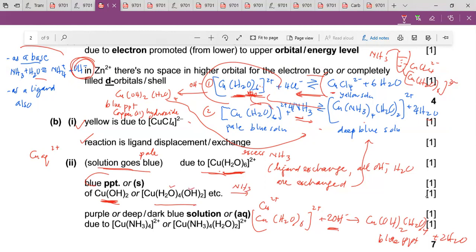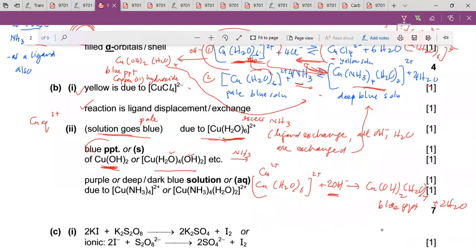So the final stage is it will go right into here, to give you your deep blue solution of this complex. With or without water, it's still deep blue. With water is better. Octahedral, 6 coordination number.